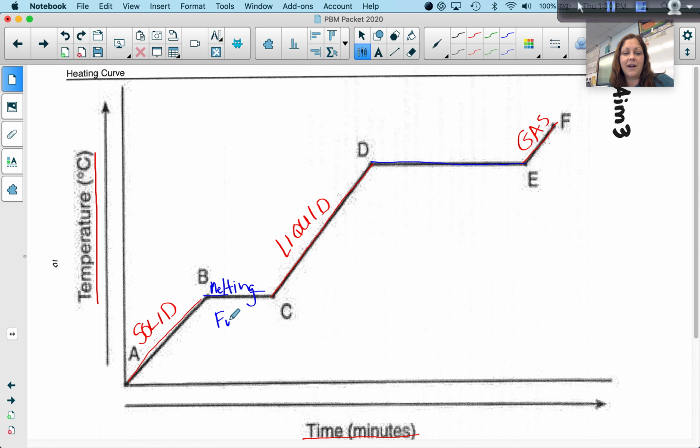Melting also has another word for it, and we call that fusion. We also know that liquid to gas is called boiling, and boiling is also vaporization. Please do not put evaporation here. Evaporation is not the same thing as vaporization.